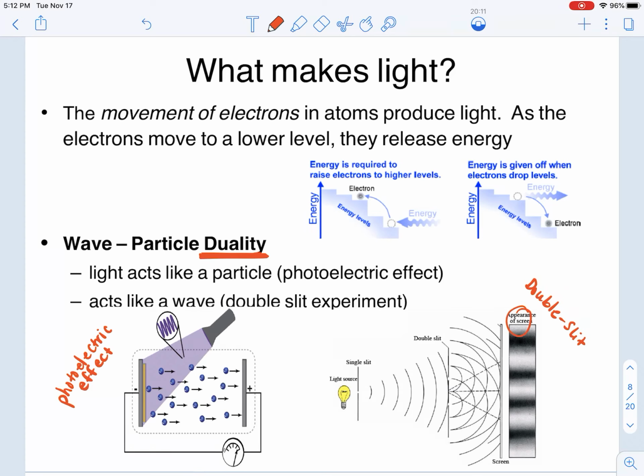If we look at the double slit experiment image over here on the right, you see that it says the appearance on the screen, and it looks like we have a section of white and we have a section of black, and then we have this section where it's kind of fuzzy, right? It's kind of hazy, like the two are blending together. That's because this is exactly what happened with the light waves. We saw that there was some interference of light.